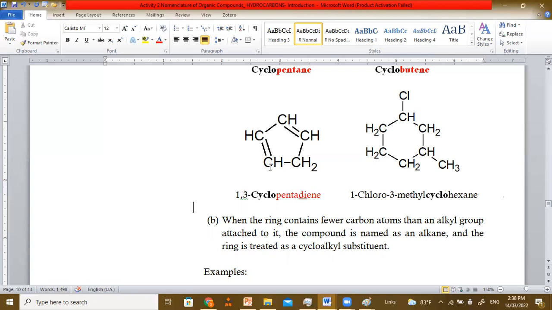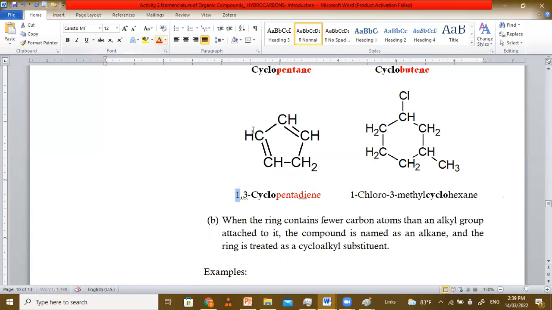So start counting from here, you have carbon 1, 2, 3, 4. Okay, so it's carbon 1. And in carbon 3, there is a double bond. So 1, the first carbon of the double bond. So start counting from here, you have 1, 2. On carbon 1, the first carbon that contains the double bond, so that's 1.